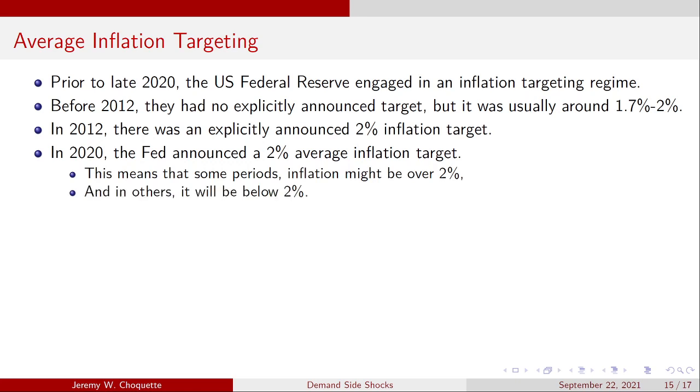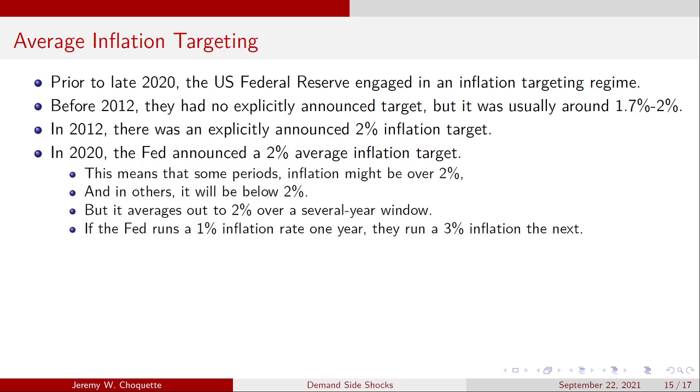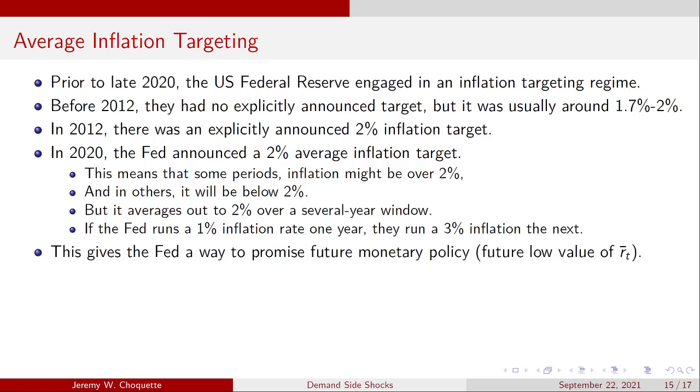And in others, we just have to have inflation below 2% so that it averages out to 2% over a several year window. So if the Fed runs a 1% inflation rate one year and 3% inflation the next, then it averages out to 2%.